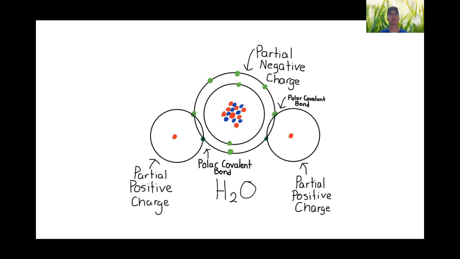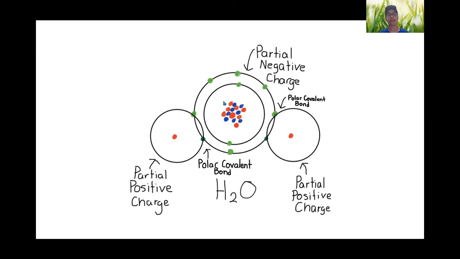Now, what's the effect of a polar covalent bond? Well, it's going to cause the charges of the atoms involved to slightly change. And this is because electrons are negatively charged. So the unequal sharing of electrons is going to change the charges of these atoms. Because normally, if this oxygen atom was alone and not bonded to these hydrogen atoms through a polar covalent bond, this oxygen atom would have 8 protons, 8 electrons. 8 minus 8 equals 0, thus it has a net neutral charge.